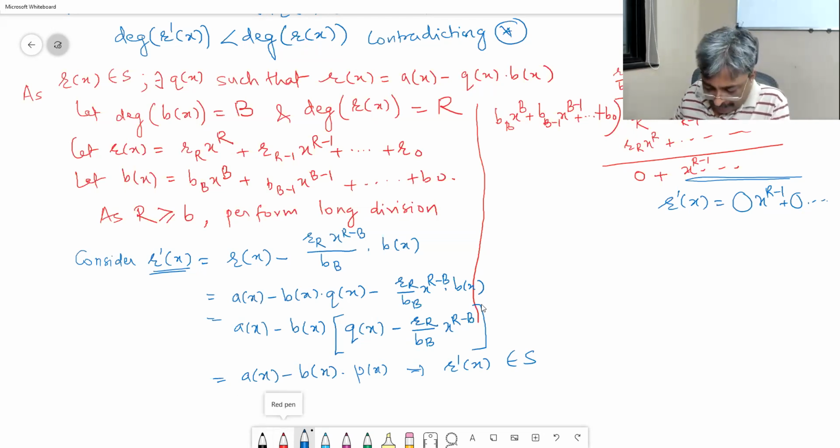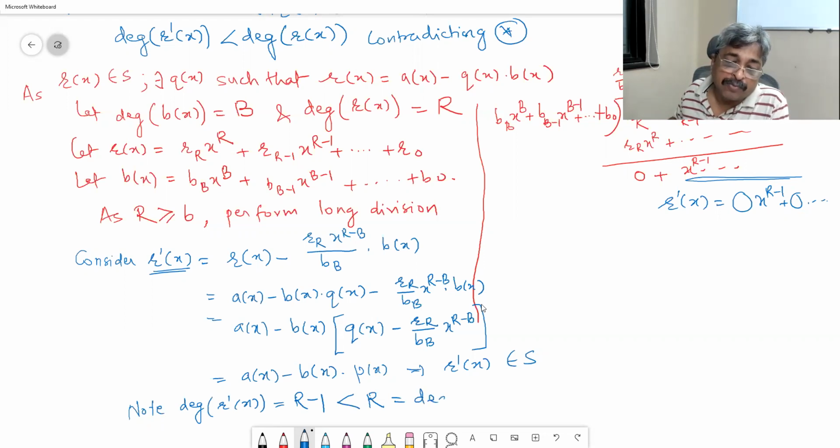Now, note that degree of r dash of x is equal to r minus 1, which is less than r, which is degree of r of x, contradiction.